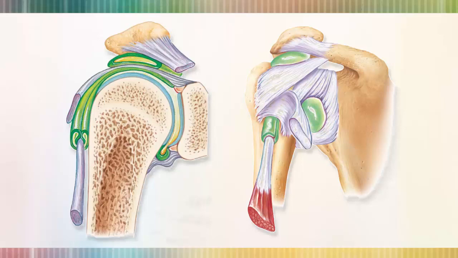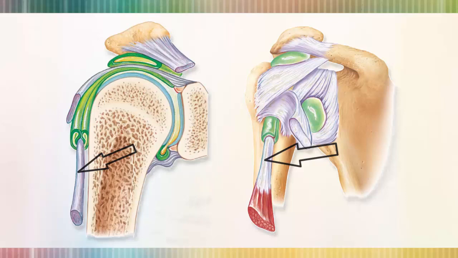I've already shown you the joint surfaces and the glenoid labrum. Now the other joint structures that you need to know something about are the glenohumeral ligaments, coracohumeral ligament, the subacromial bursa, the transverse humeral ligament, and the long head of the biceps tendon, also known as the bicipital tendon.